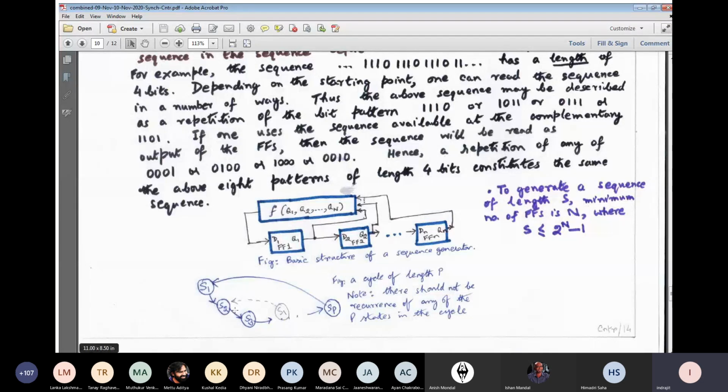So if it is of length P, then it will generate a sequence of length P. But if accidentally some of the states come again while we are generating the state sequence, then once S1 comes back, it will be a subsequence. A lower length sequence will be generated, but that we do not want. We do not want a subsequence, but the entire sequence, right?